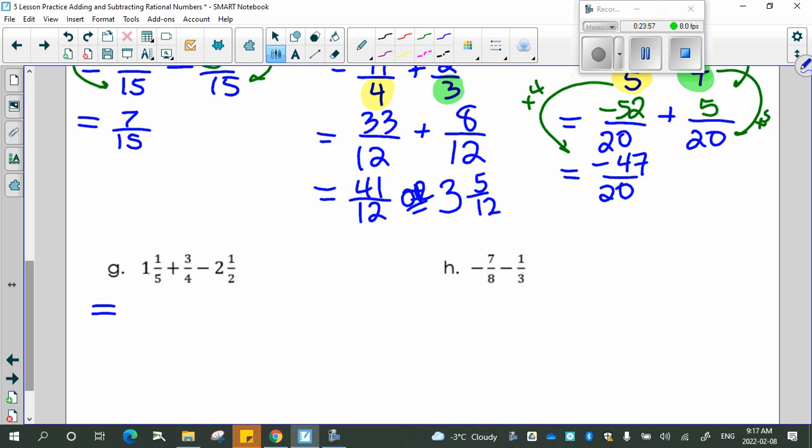Okay, so first step here is to change these mixed numbers into improper fractions. Okay, that's going to be your first step. You can go. Change those into improper fractions.